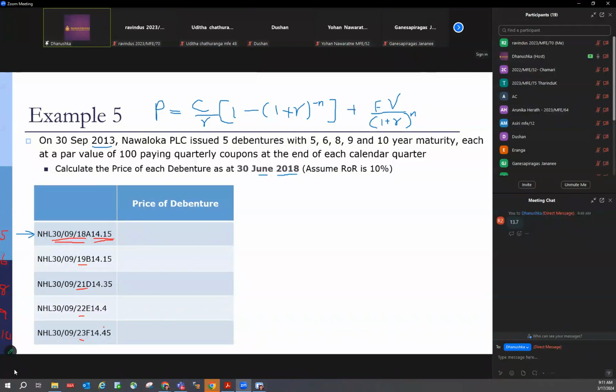These are actual debentures that were issued in 2013, and they were issued at par. What does that mean? When they were issued at par, what does that mean?